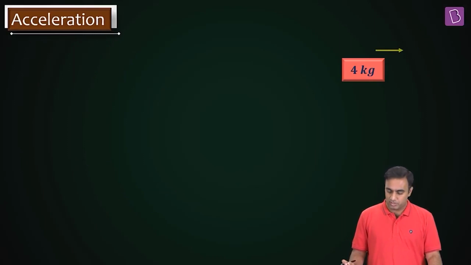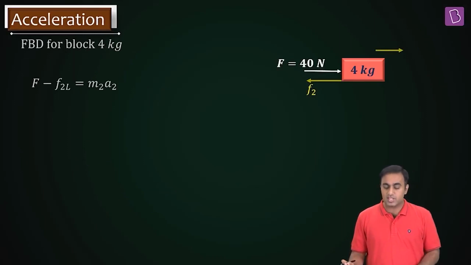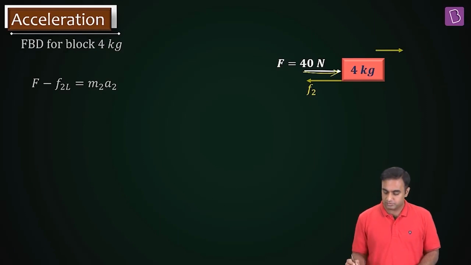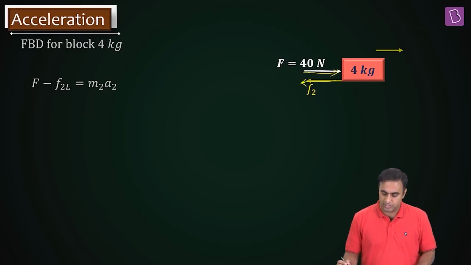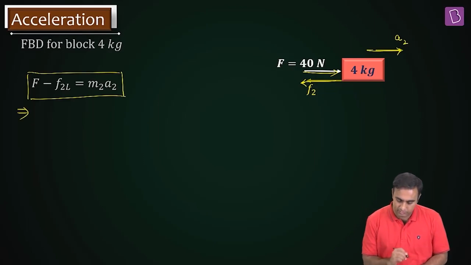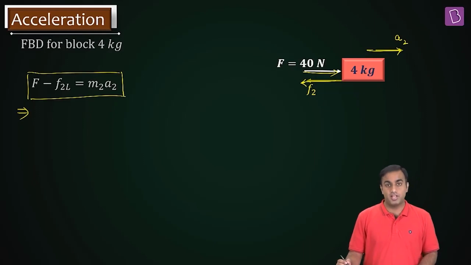Here is the 4 kg block. Which are the external forces acting on it? 40 Newton in this direction and F2 in the opposite direction. If the acceleration of the 4 kg block is in this direction, let's call it a2, then application of Newton's second law will give us F minus F2L equals m2 a2.